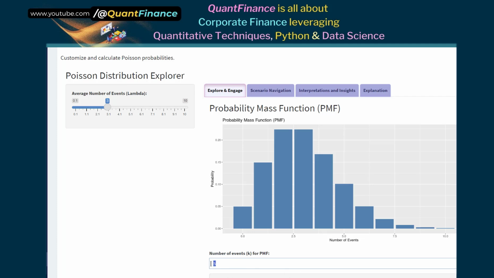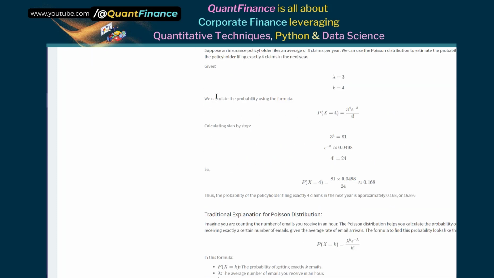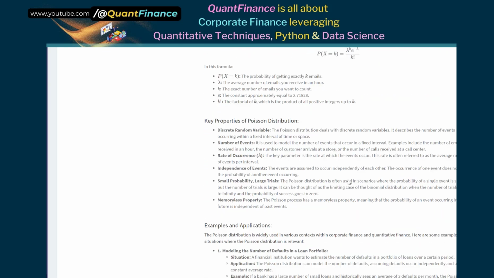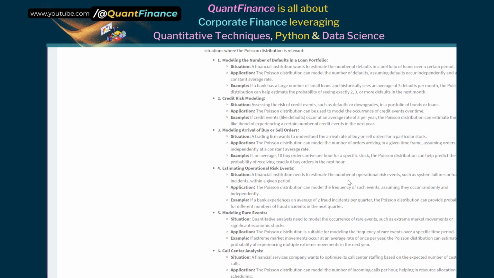Similarly, when lambda is 3 and the number of events is 4, then the PMF, the probability of exactly 4 events, is 0.168, which we just did in these calculations here. So this is also shown through the calculations here.